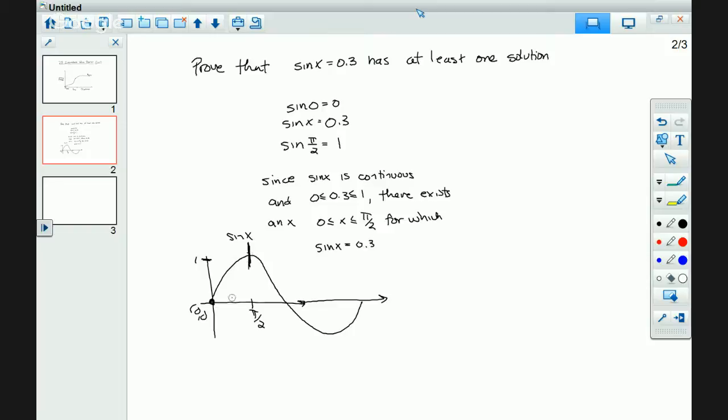Between here and here, 0.3 is crossed at some x value. That's all we've said. And that's what the intermediate value theorem does for us. Because f is continuous, and these values bracket both ways, we're good to go.